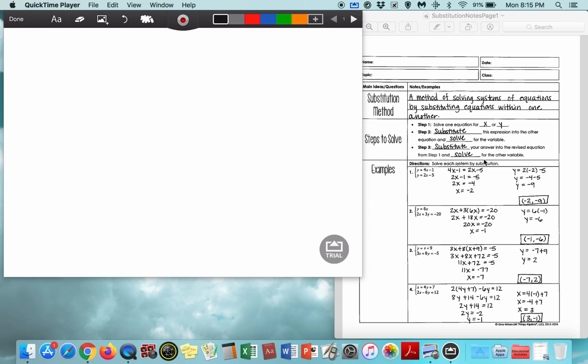All right, let's do another one. Let's go to number 3 next. On the top equation, they have the y all by itself. So the easiest thing is to take y equals x plus 9, and substitute this x plus 9 part for the y in the other equation.